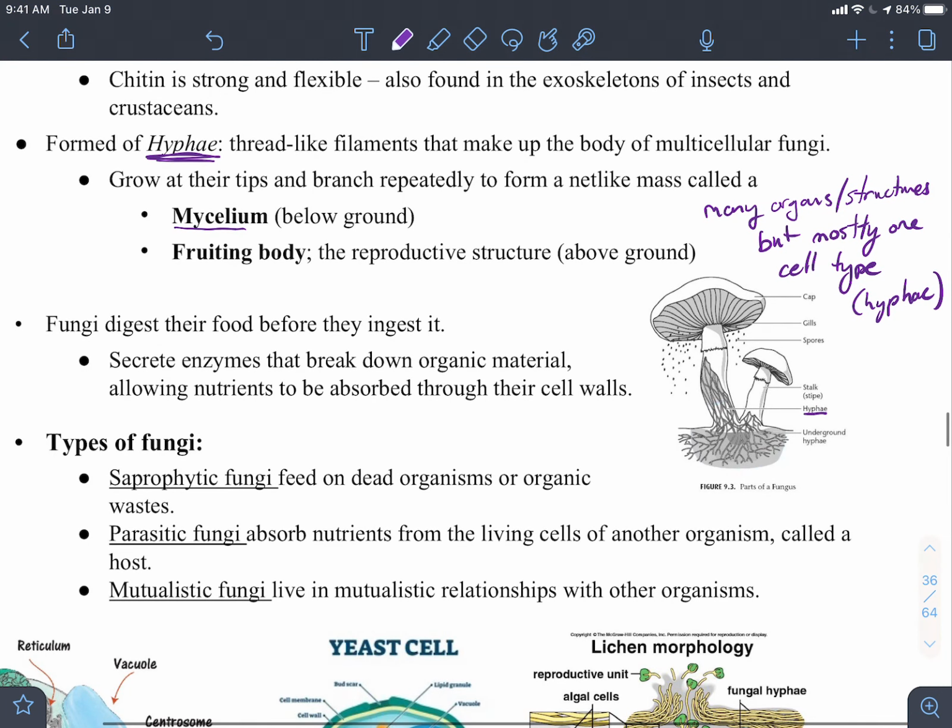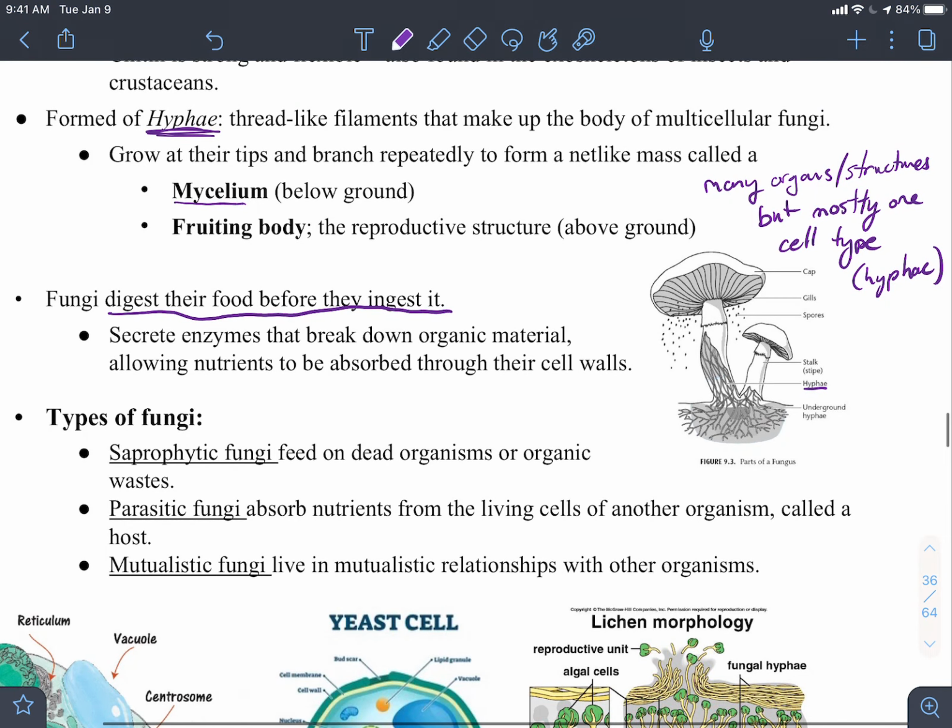Now, the other unique factor of the fungi is that they digest their food before they ingest it. Think about yourself. You take food, you put it inside your body, break it down, and then absorb it. But with the fungi, they actually secrete enzymes.